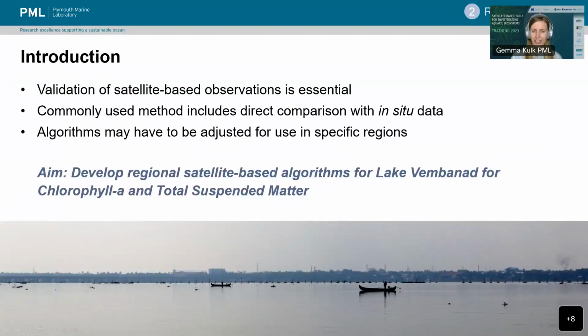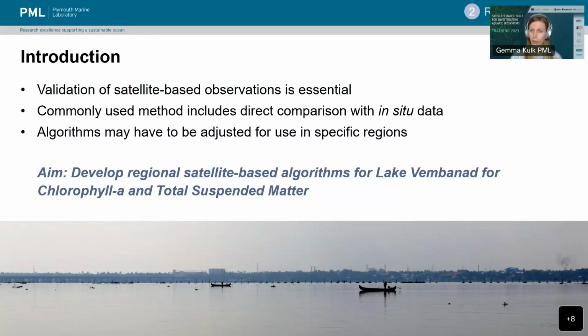As has been mentioned on this training course several times now, the validation of satellite-based observations is essential. In the process, we verify that satellite-derived observations are a true representation of what is happening in the field.